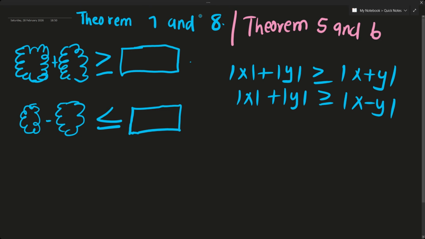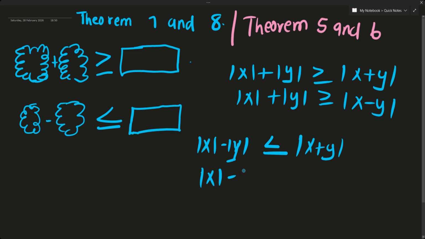So in 8, the absolute value of x minus the absolute value of y is less than or equal to the absolute value of x plus y. And again, the absolute value of x minus the absolute value of y is less than or equal to the absolute value of x minus y. So that's always the case.